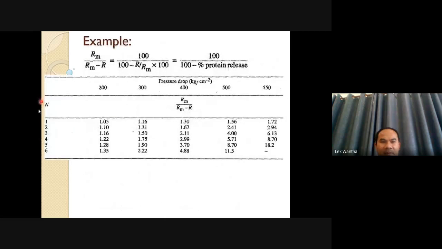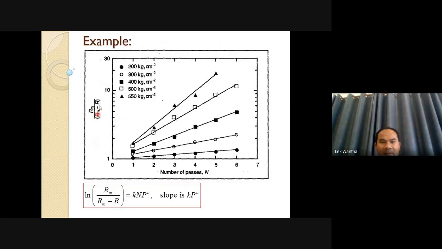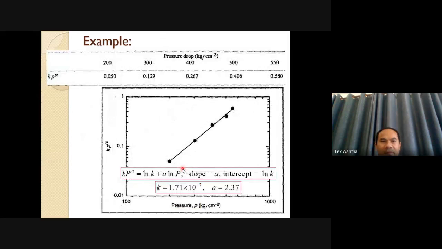The first step, you have to calculate Rm over Rm minus R for each pressure. And then you plot this Rm over Rm minus R versus N. If you plot this versus N, you get the slope, which is Kp power A. This is our slope for each different pressure.